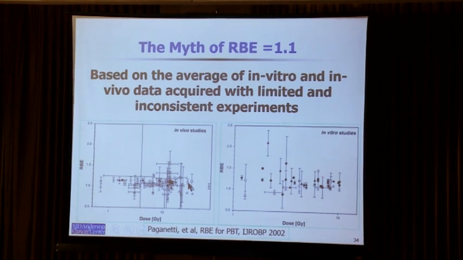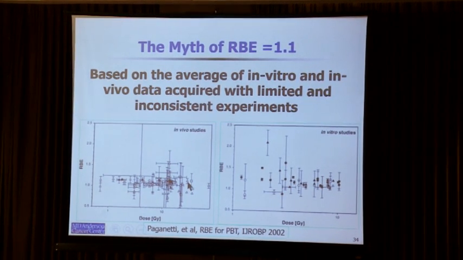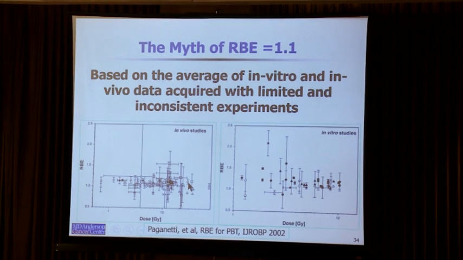There are many, many experiments done over the decades to determine the relative biological effectiveness of proton therapy, and then he put it in some kind of a blender, and the average value came out, which was 1.1. For the last many decades, everybody has been using 10%, and when somebody questions it, they claim that it doesn't make any difference. Maybe it does, maybe it doesn't, we don't know.